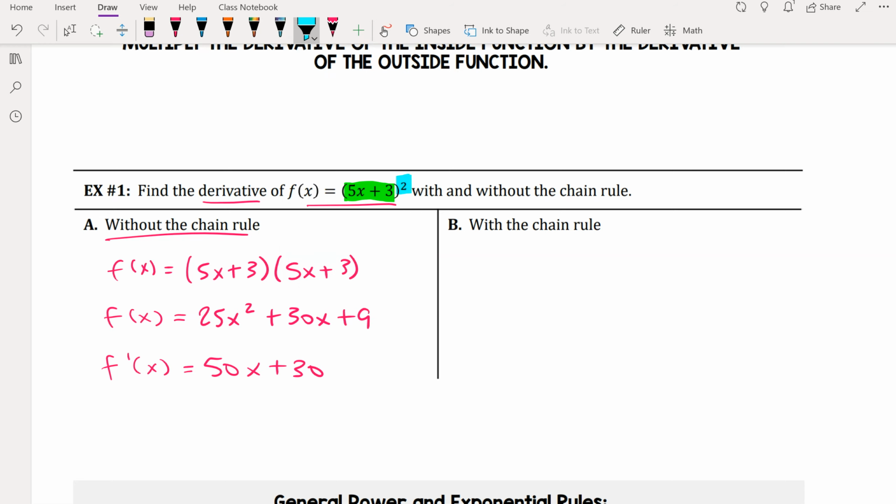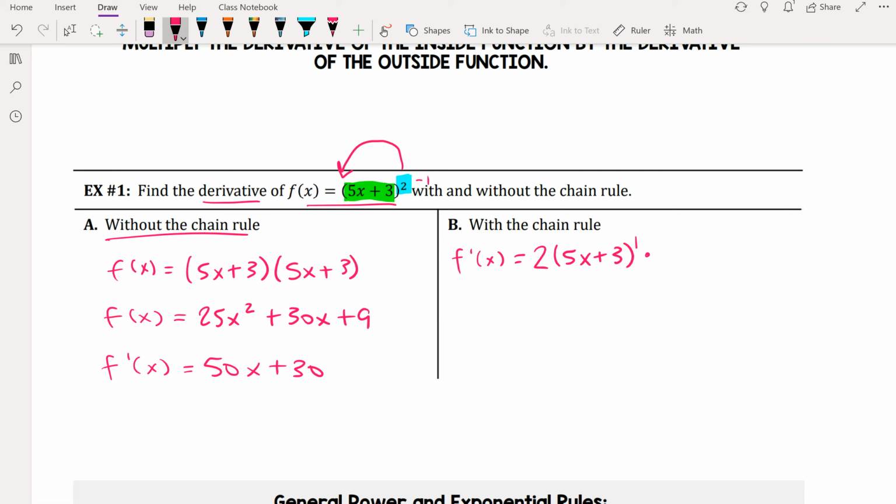All right, so with chain rule, watch this. f prime of x equals, we're going to do the derivative of the outside, leave the inside the same. So if we're taking the derivative of the outside, we'd bring this 2 out in front. We would subtract 1 from the exponent using the power rule, leave the inside the same, 5x plus 3, minus 1, that gives us just 1 as our exponent, times the derivative of the inside.